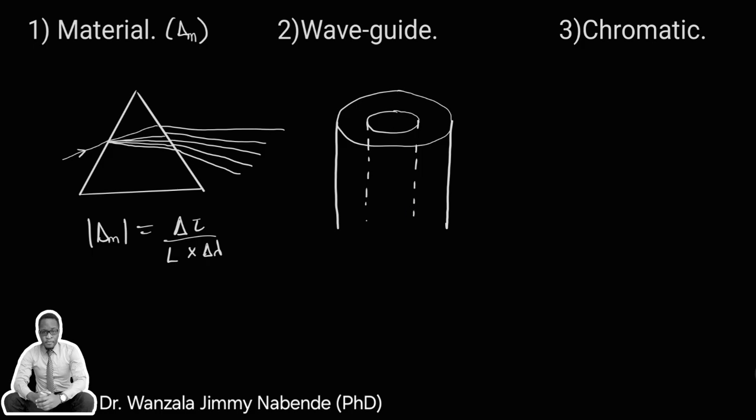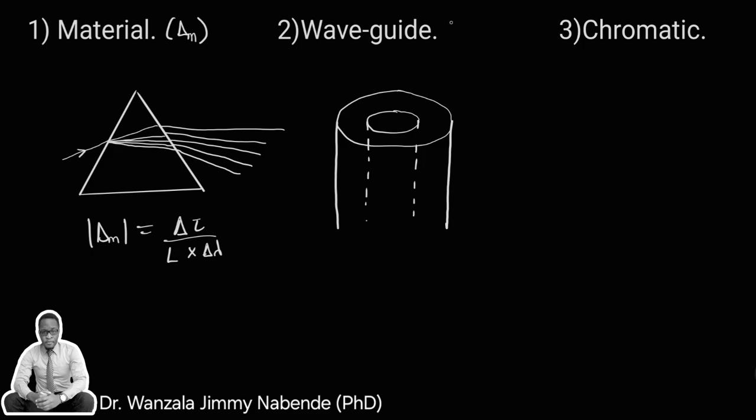The core has a different refractive index, and the cladding has a different refractive index. So with those different refractive indices, we realize that there will be different wavelengths. So if you want to change the dispersion within a waveguide, you basically have to change the design of the fiber, and that is how you can change the dispersion.